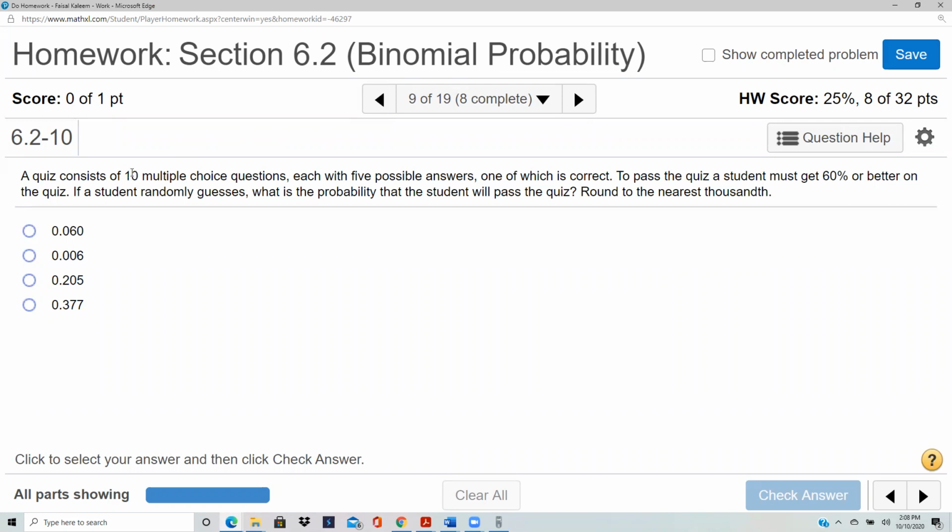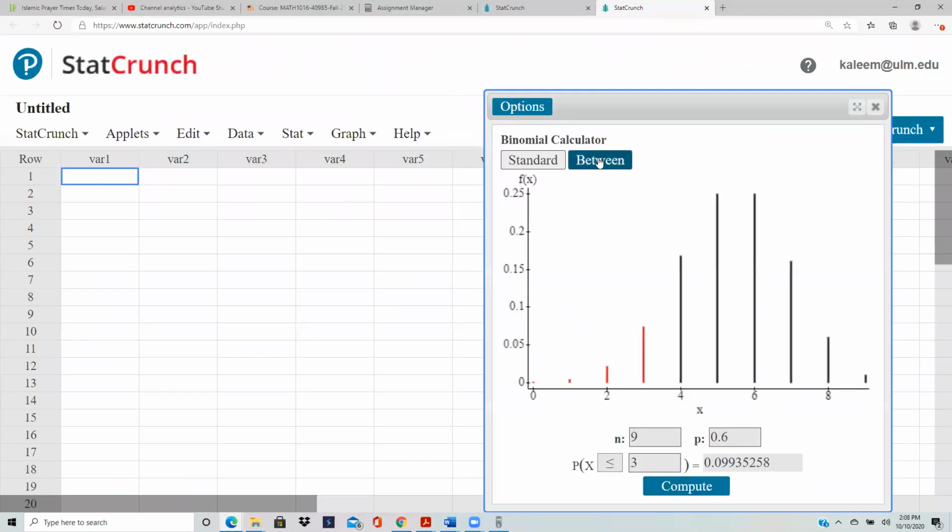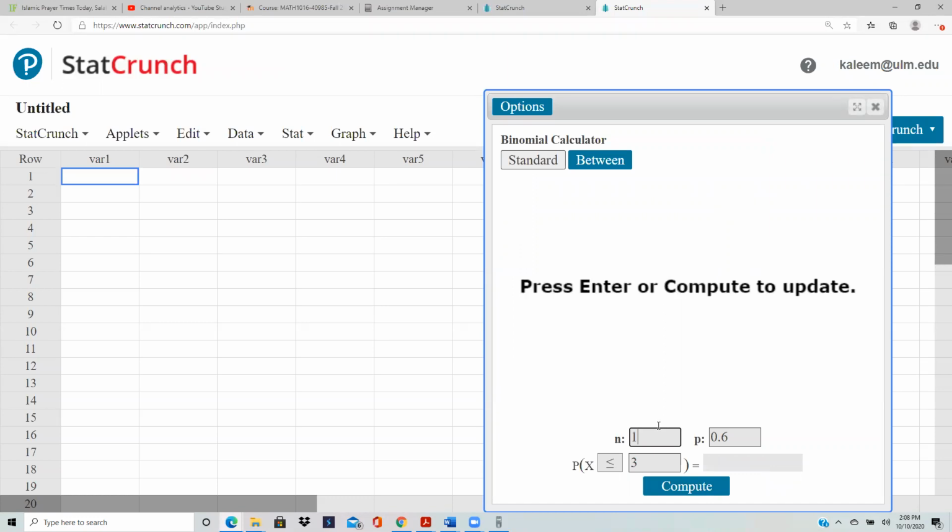So n is the number of trials. In this case, it will be the number of questions, so it will be 10. And p, remember, it's a 5 possible answer multiple choice. So n is 10. Let's go to our calculator, options, and change it here. n is 10 and p is the probability of success in each question.